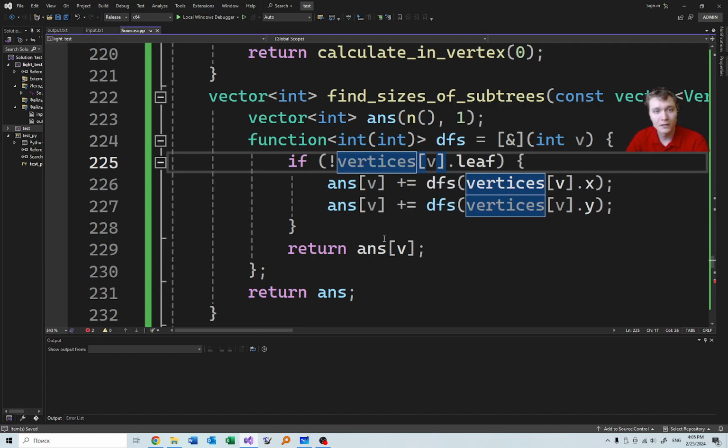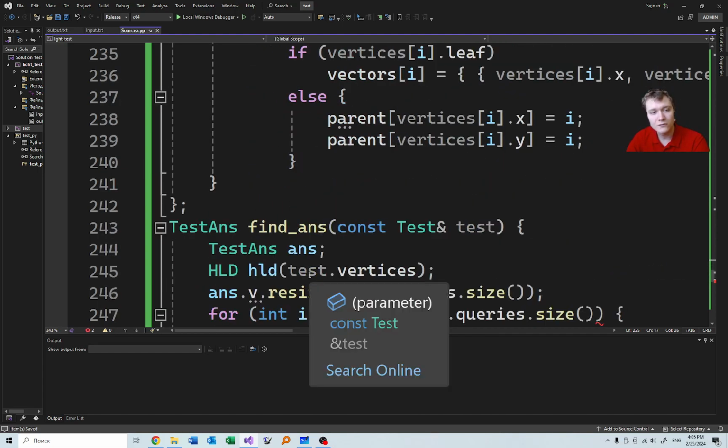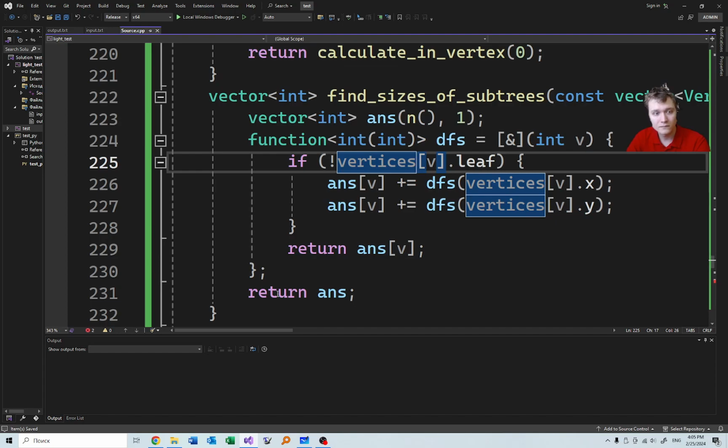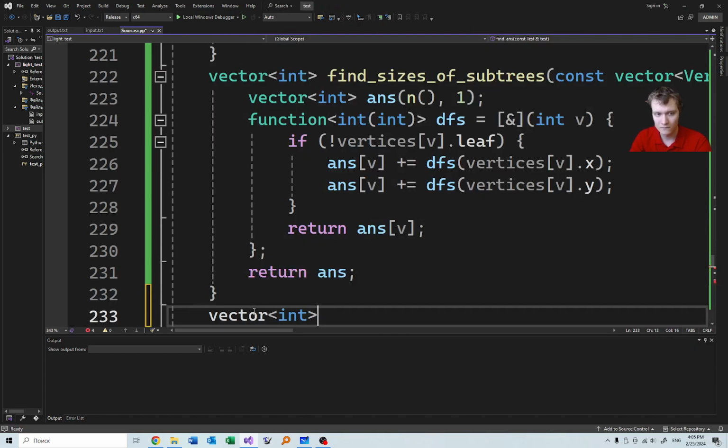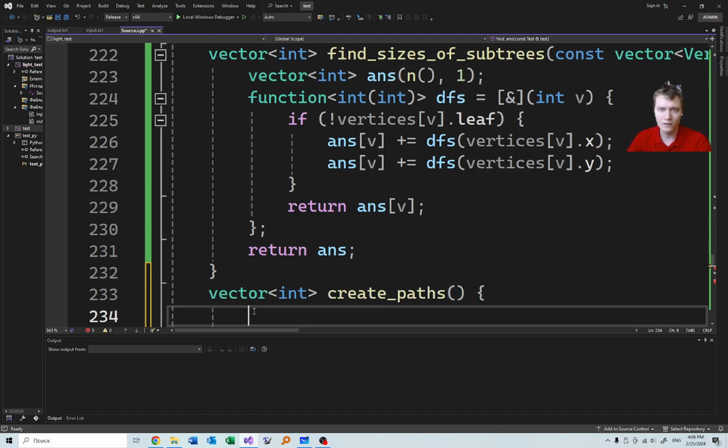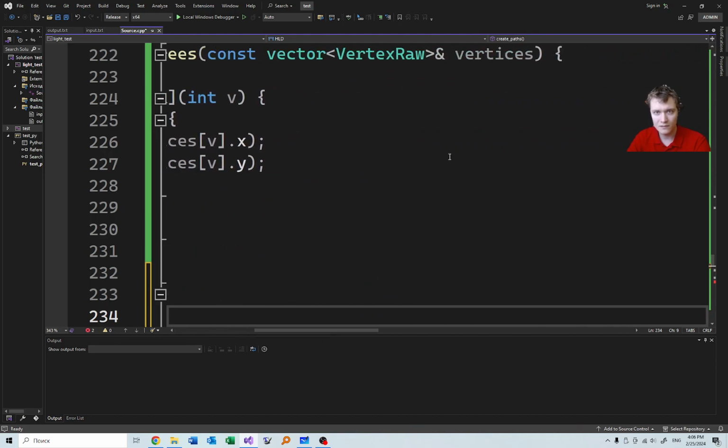Okay. So we have calculated the sizes of subtrees. Now we need to create paths. And also we will need this nice vector.